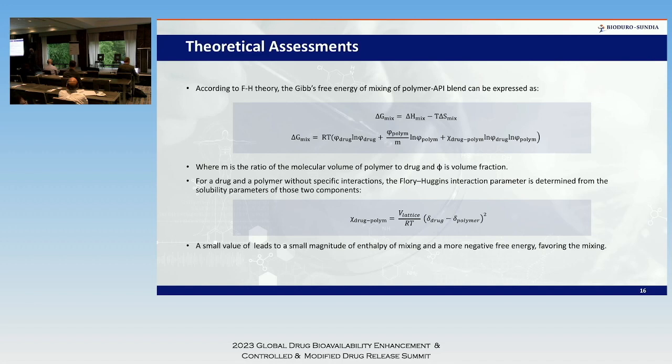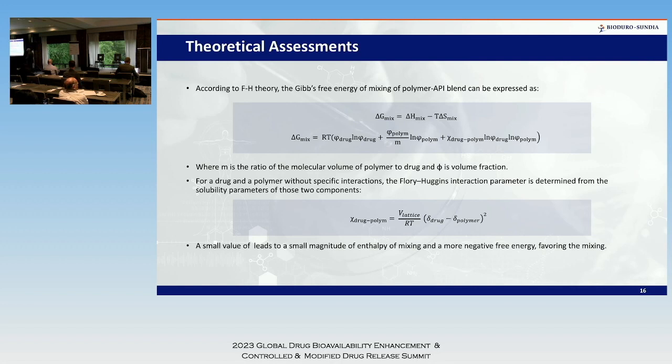So how can I find the sweet spot for solubility of a drug in the polymer? That equation was already in the literature. Flory-Huggins, Flory got the Nobel Prize for that equation, which says a polymer is going to dissolve in a solvent if the Gibbs free energy is minimized for that concentration of the polymer in the solvent.